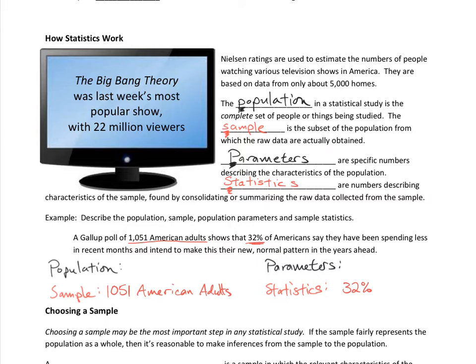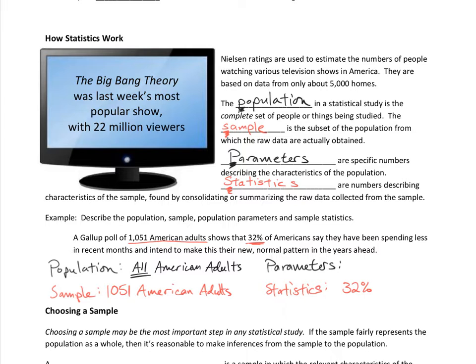So how do we generalize these to the population? Instead of just 1,051 American adults, we say all American adults, or just American adults. You don't have to use the word all, I chose to.